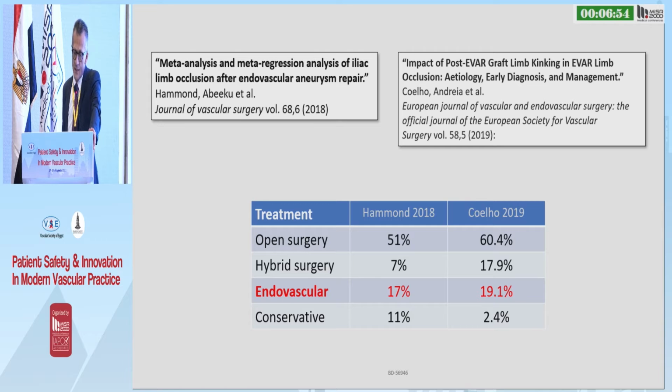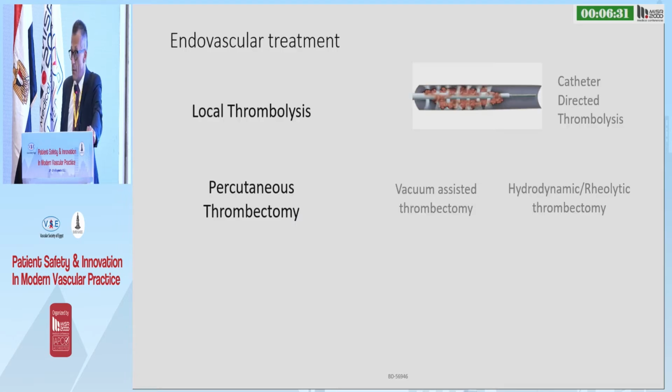These meta-analyses show well that right now the most used approach is open surgical and hybrid in more than 60–70% of cases. Actually the endovascular approach is underused, in less than 20% of cases. If we decide to use an endovascular approach, we can choose between some different possibilities: of course local thrombolysis, and other thrombectomy devices.